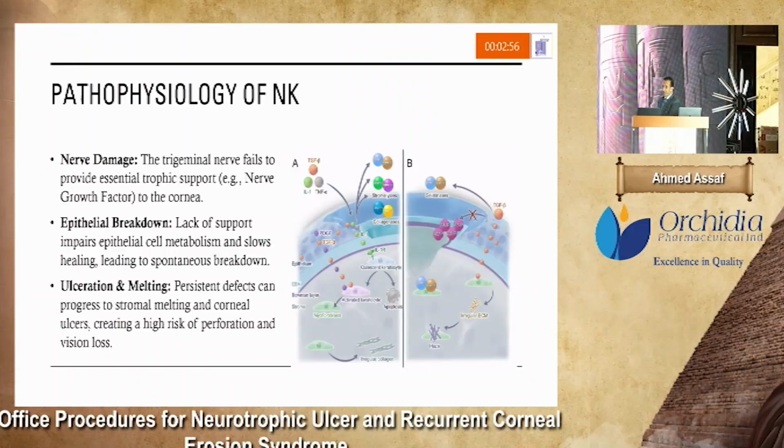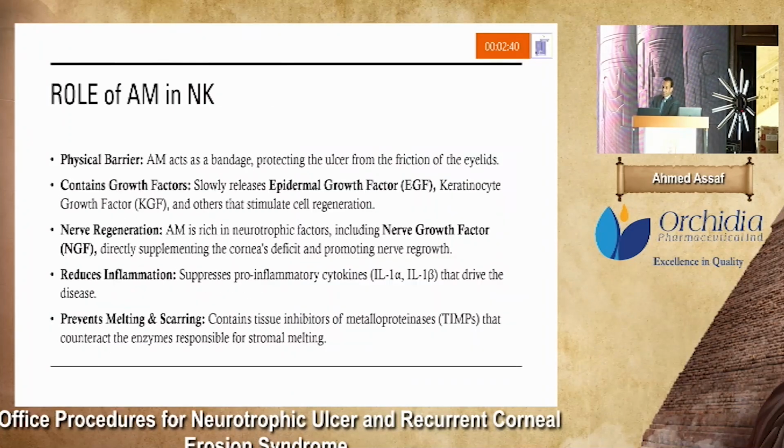And with the amniotic membrane here, we can not only prevent inflammation by MMP9, we can also increase or promote healing of the epithelium by growth factors and neurogenic factors that are already embedded inside the amniotic membrane.